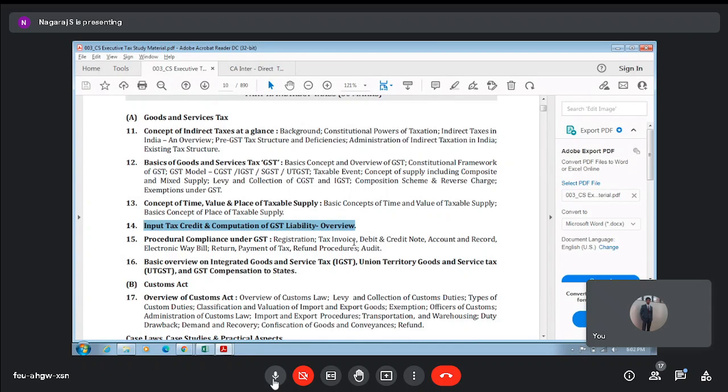By this month end, you finish entire income tax. Next month, you take up GST so that you will cover this month means October month. Next month, November month, you complete the GST part, entire 1 month. Then in December, revise both depending on your ABC analysis as well. Okay.